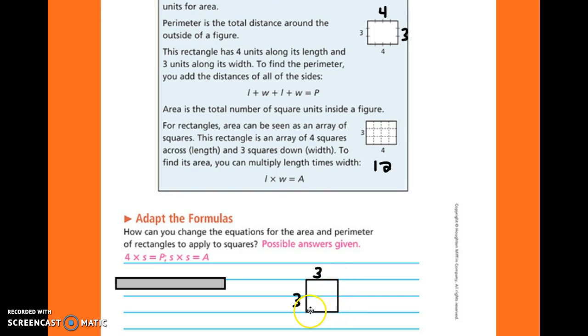So to find the perimeter, I could say 4 times 3, because there's 4 sides. So the perimeter is 12 units. For the area, it's very similar. We just say side times side, just like we did in the rectangle. So 3 times 3 would give us 9. So the area is 9 square units of this square.